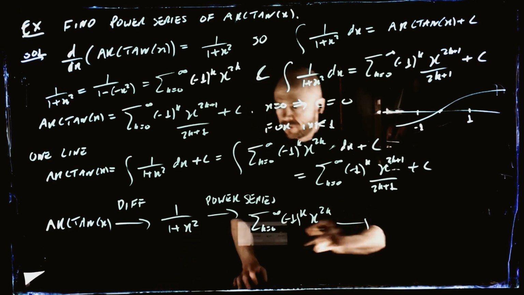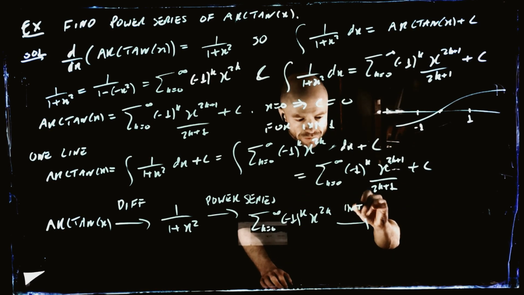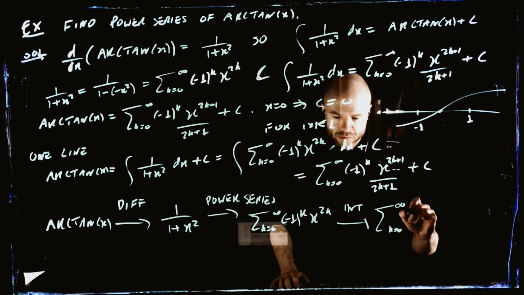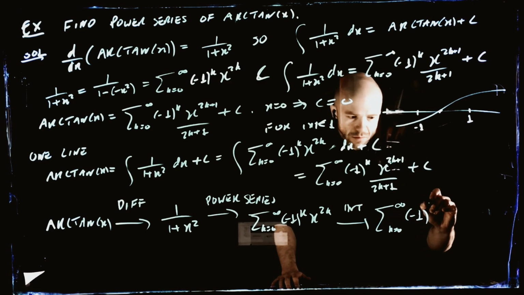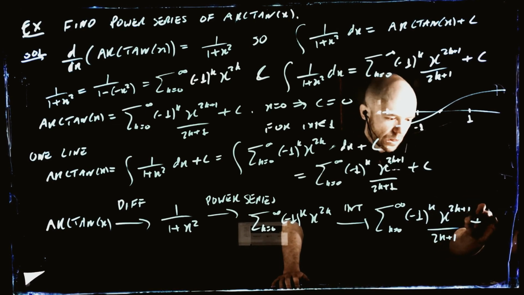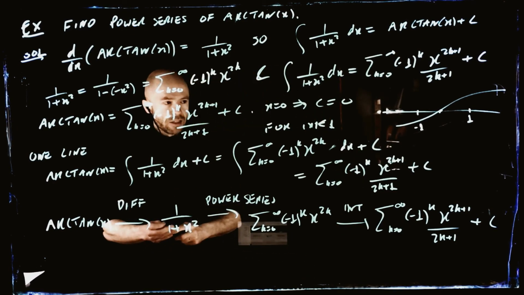And then we have to reverse the thing we did. So we differentiate, now we integrate to get back. And again, we kill the constant C by sticking x equals 0, right?